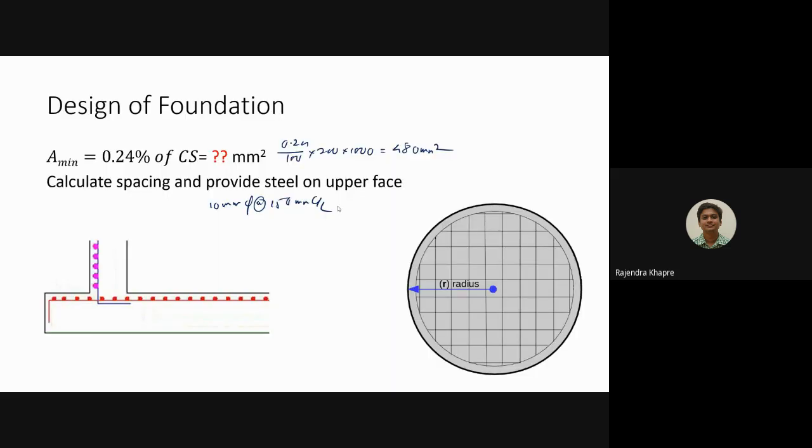So this completes the aerator. We will quickly take another design. Okay, shall I continue?